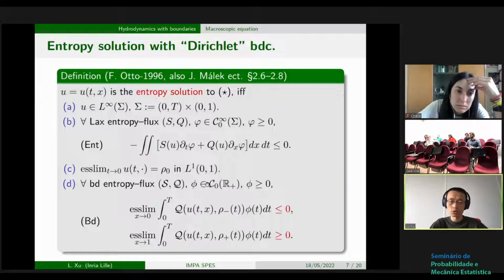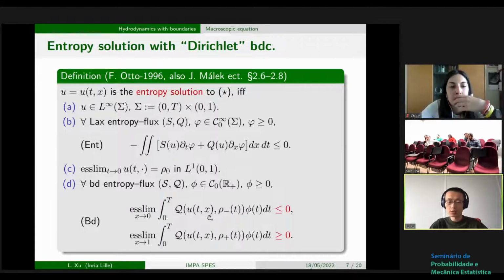The boundary condition says that for any boundary entropy flux S and Q, if I take a continuous test function which is positive, then I will have these two inequalities. The important thing here is that I'm having an inequality. What does it mean?